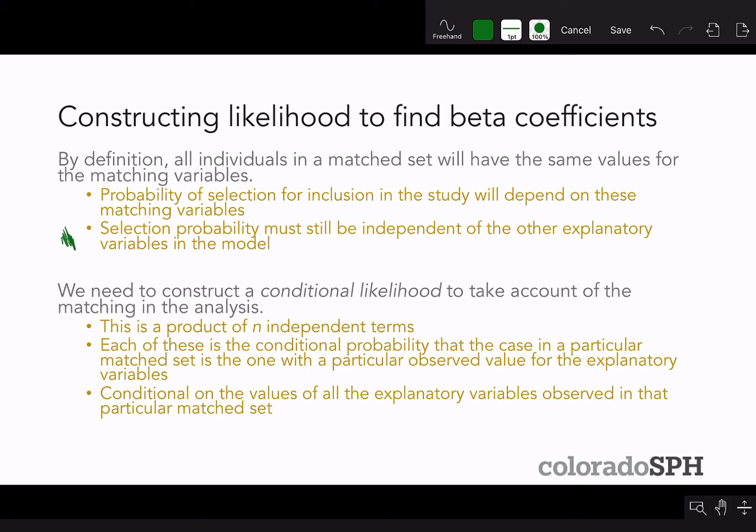And we need to construct a conditional likelihood that takes into account the matching done in the analysis. And this is going to be a product of n independent terms, where each of these terms is the conditional probability that the case in a particular matched set is one with a particular observed value for the explanatory variables. And it's conditional on all the values of all the explanatory variables observed in that particular matched set.